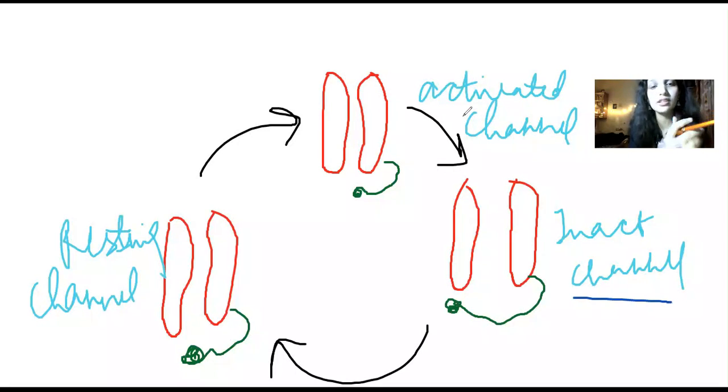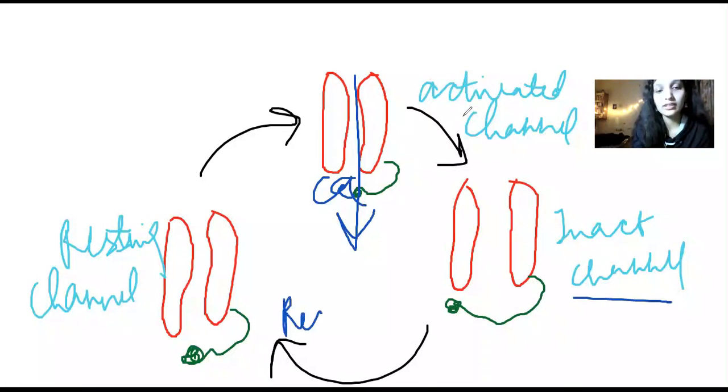So calcium will enter through the activated channel, and once calcium enters, the activated channel becomes an inactivated channel. And a certain time is taken, there is a recovery phase. There is a time between inactivated channel and activated channel.